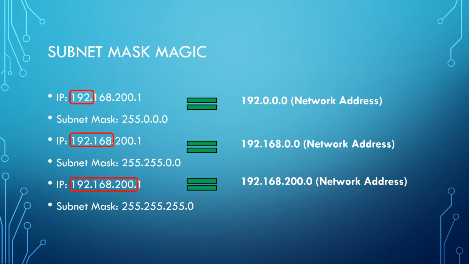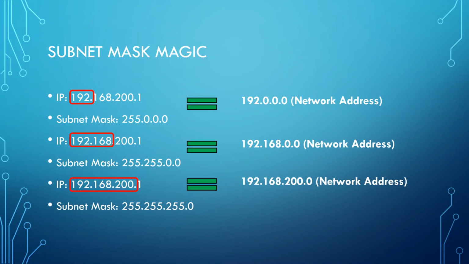So you can think of it as a unique ID for that device. And the same in this case. If a device were to join this network, the 192.168.200, that means that their IP address has to start with these three decimal numbers, 192.168.200. Then this last number can be used to uniquely identify that host within that network.